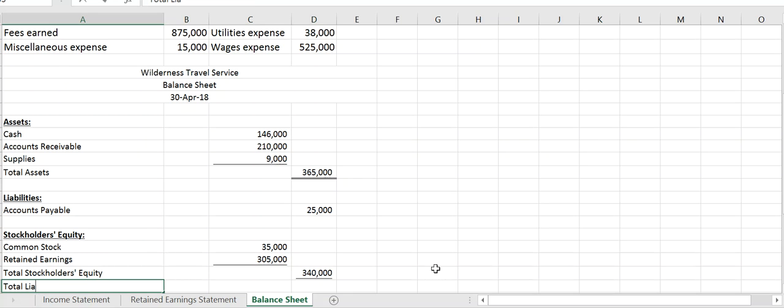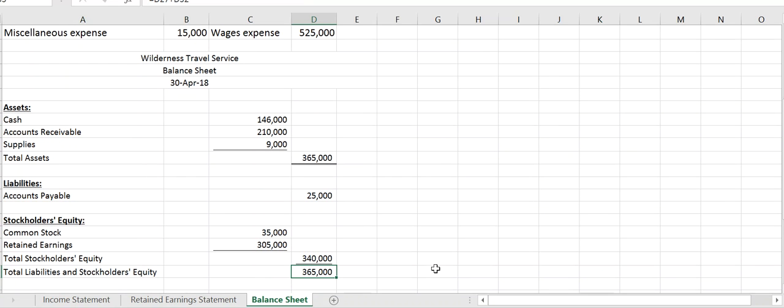We're going to add that to our total liabilities. So we take our $25,000 plus our $340,000, gets us to $365,000. It matches our total assets, which it has to do. So we have done things correctly. If it doesn't balance, it tells us that we might have done something or added incorrectly throughout the process.